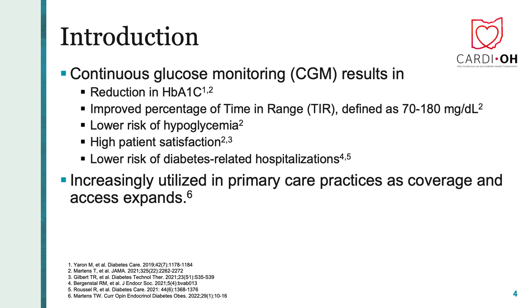A lower risk of hypoglycemia has been observed, and there are positive effects on patient satisfaction and some emerging data suggesting a lower risk of diabetes-related hospitalizations in those patients who are utilizing continuous glucose monitoring.